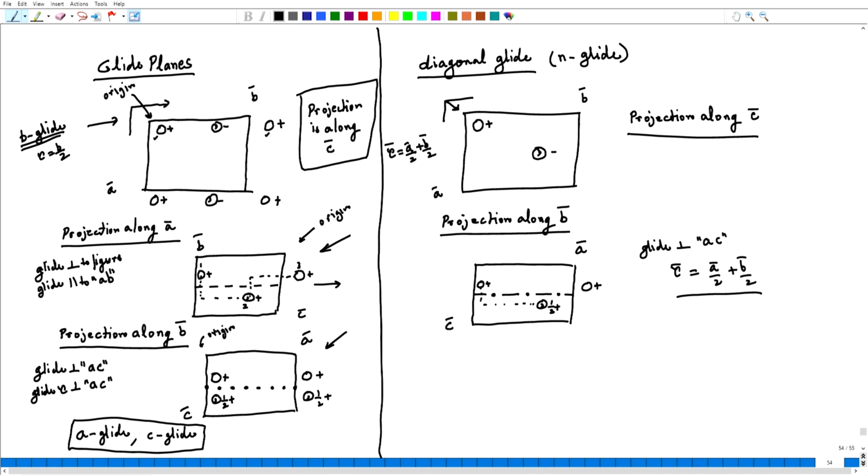So, this is the kind of pattern that we make. So, I should write here that glide in this case, well, all cases, is parallel to the AB plane.